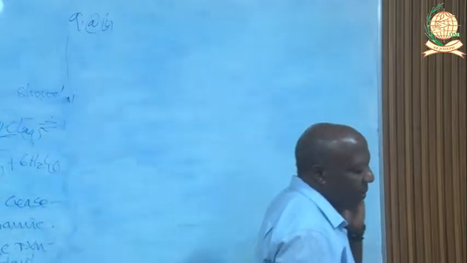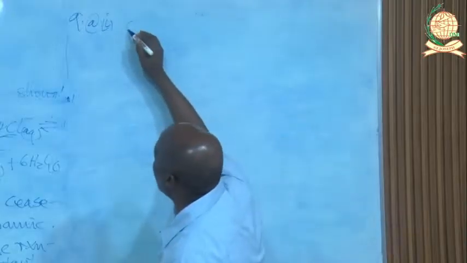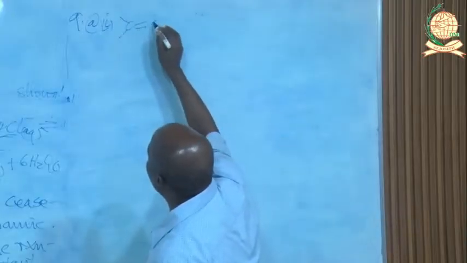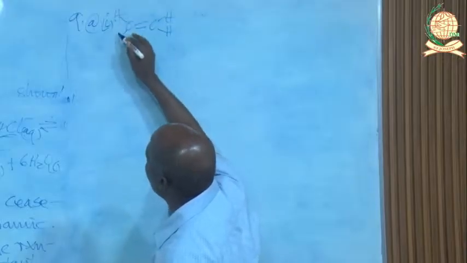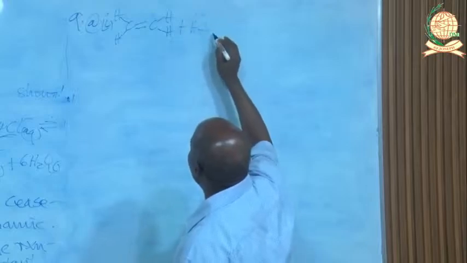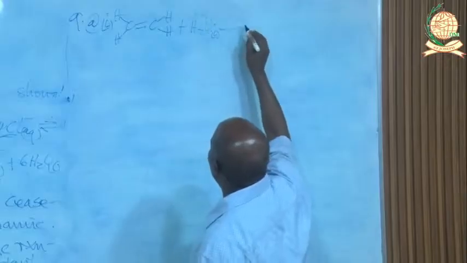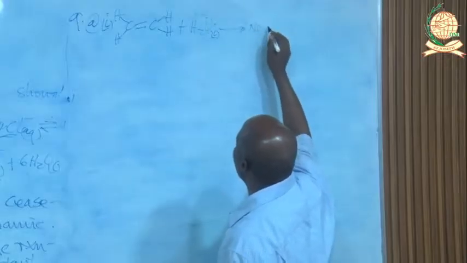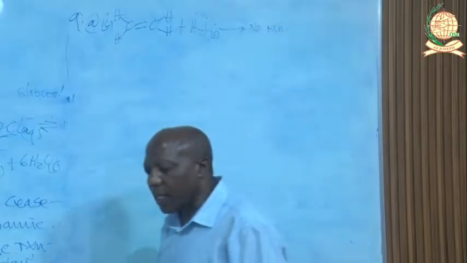If we take ethene as an example and add water, remember water has 2 lone pairs on O. So here there is no reaction. In the absence of acid, no reaction. So it means in the presence of acid, reaction occurs.